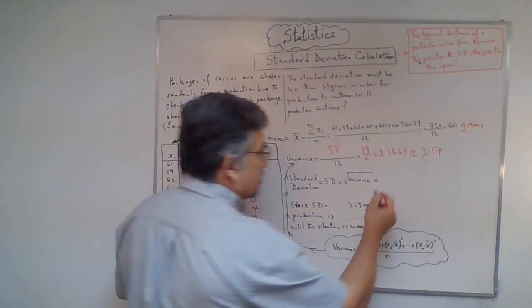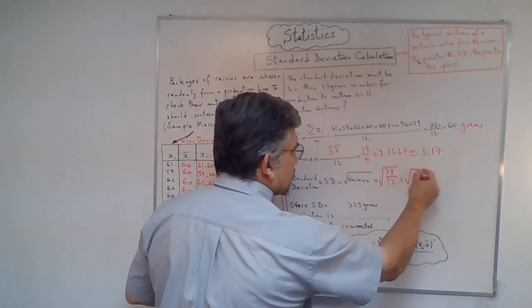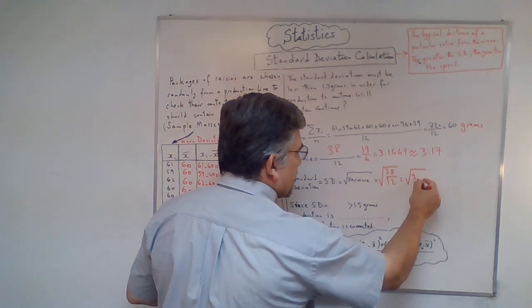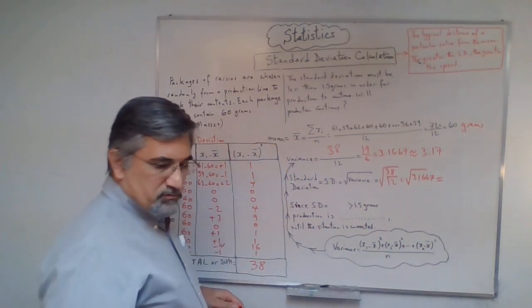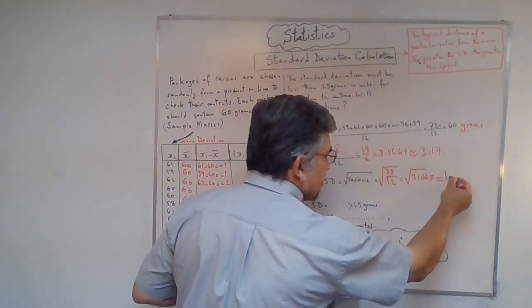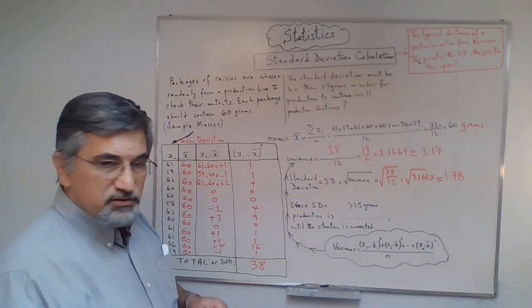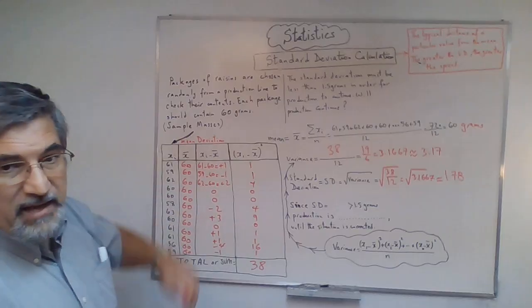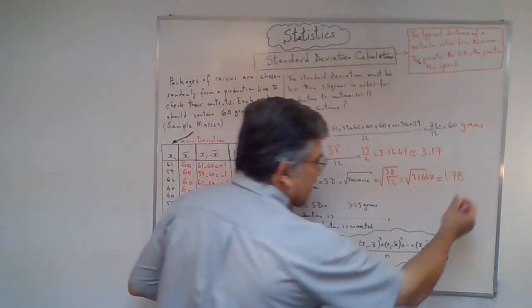So all I have to do is take the square root of 38 over 12, or the square root of 3.1667, and whatever answer we get will be the answer. So 1.78, I believe, is what we end up with. So the standard deviation of these packages of raisins is 1.78 grams.